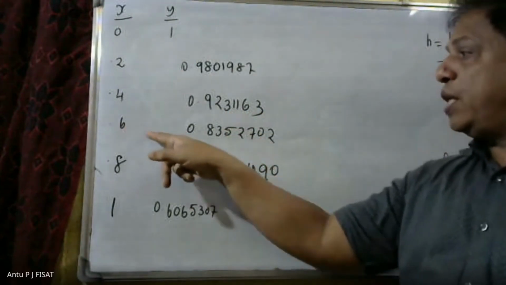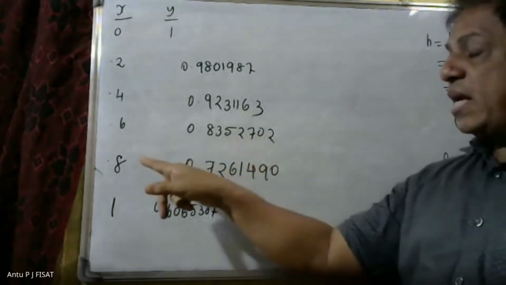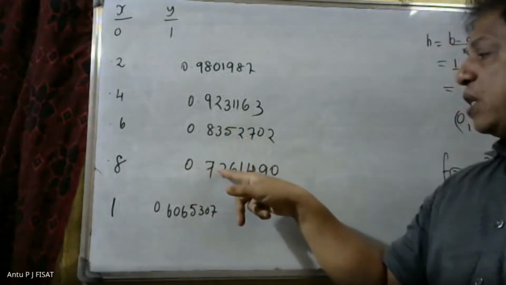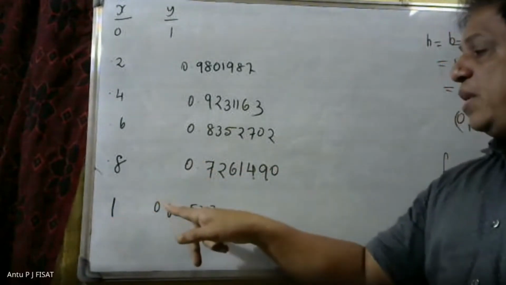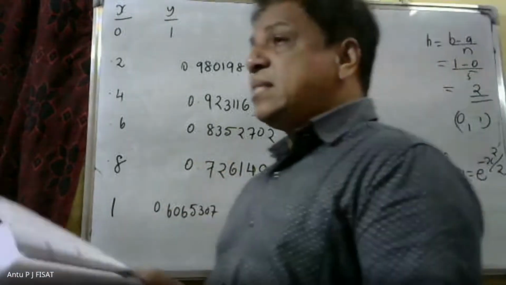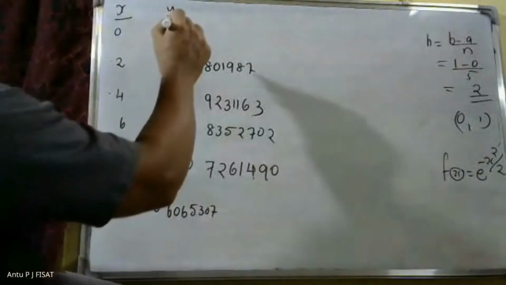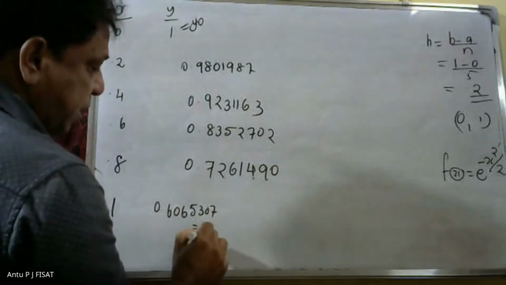When x is equal to 0.6, we get 0.8352702. When x is equal to 0.8, we get 0.7261490. When x is equal to 1, we get 0.6065307.